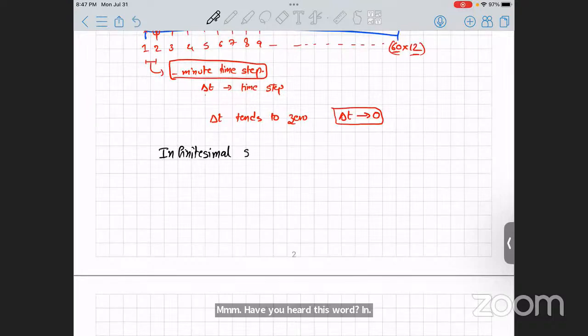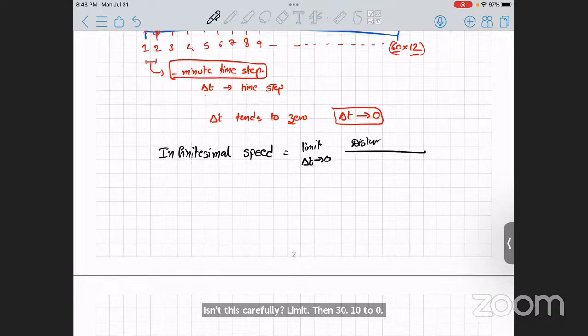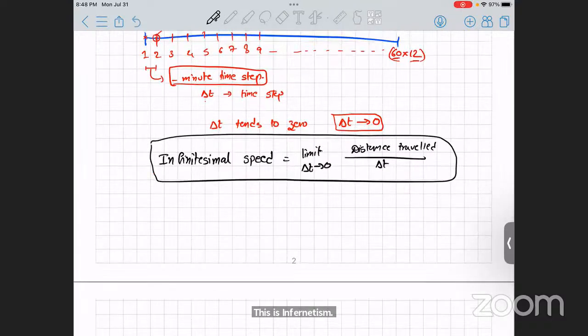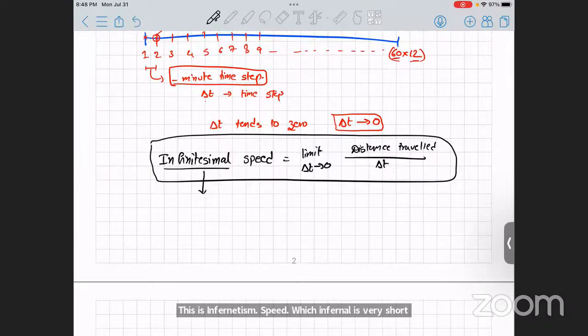It is the limit as delta t tends to 0 of the distance traveled by delta t. Infinitesimal means a very short span.